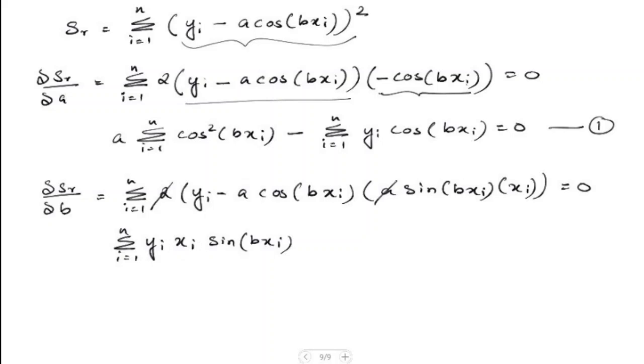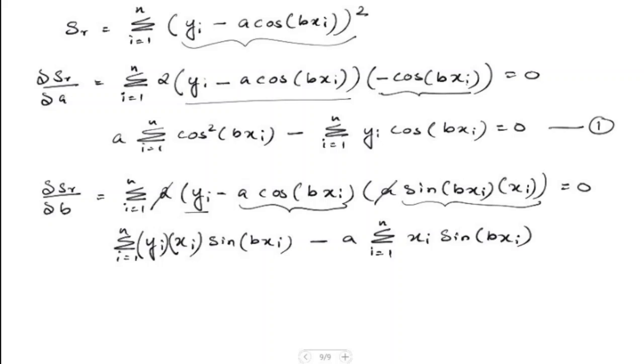You can put them into brackets for more clarity. We have taken this part and multiplied it by yi, and now multiplying it by a cos(bxi), we get minus a, taking the constant outside of the summation, times the summation from i = 1 to n of xi sin(bxi) cos(bxi), equal to 0.